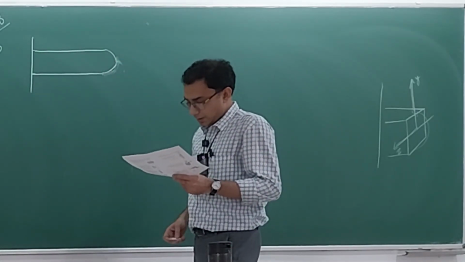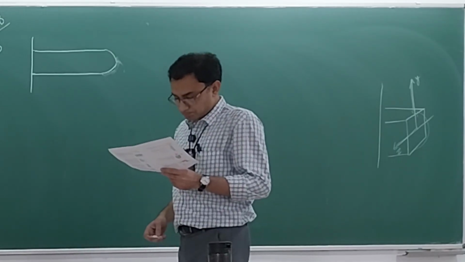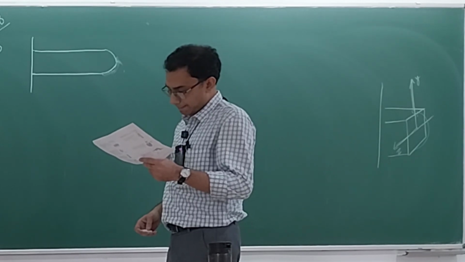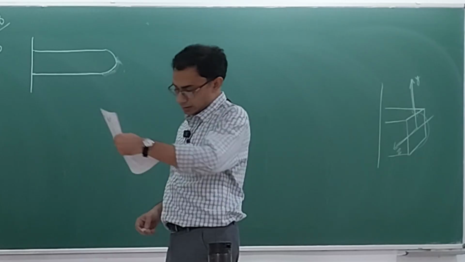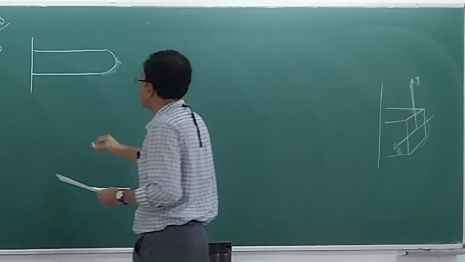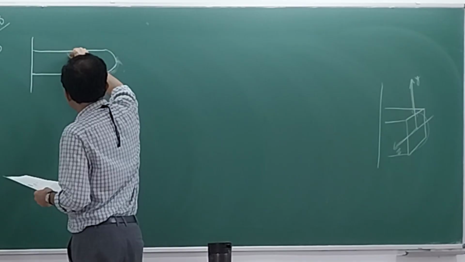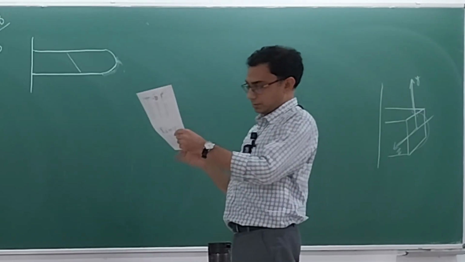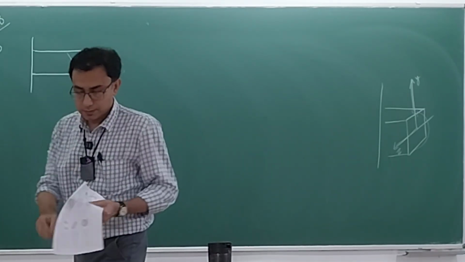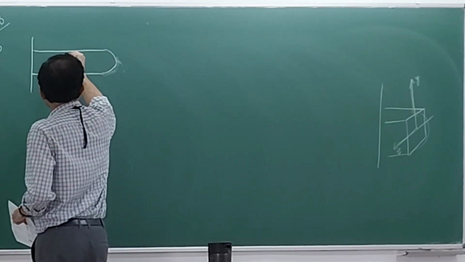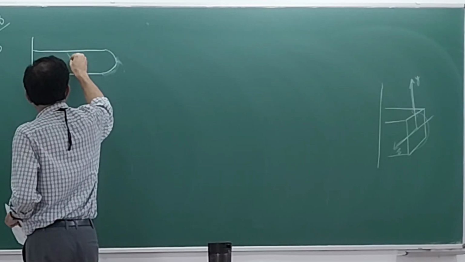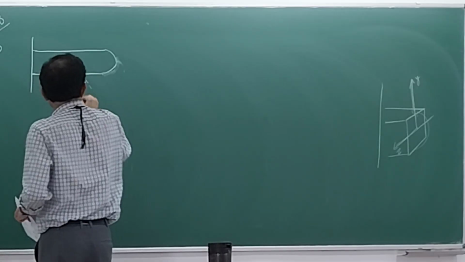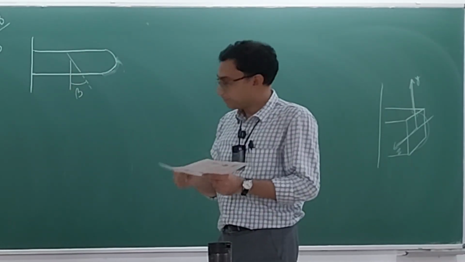Our helix is like this, so I will draw only one seam of the helix. This is one seam of the helix, and this is the beta that is given.